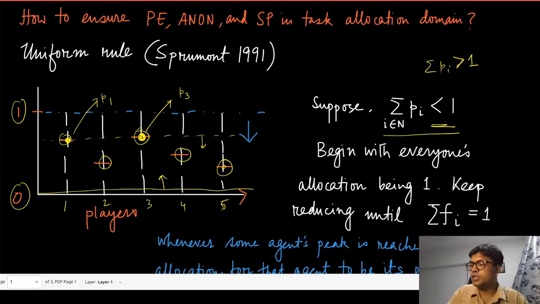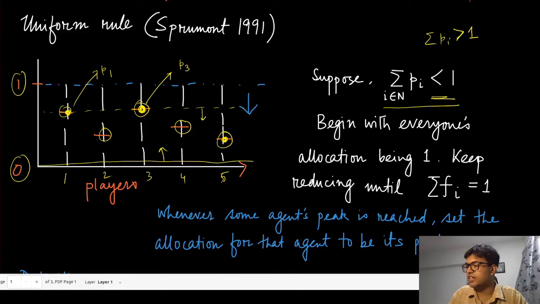And the moment you hit some of these peaks, you allocate that share to that agent and then move on. For the other agents, the water level or the thread level keeps on increasing. So fair enough, that is the uniform rule, and it's very easy to explain pictorially rather than writing it down.